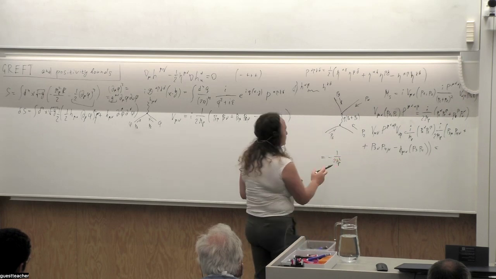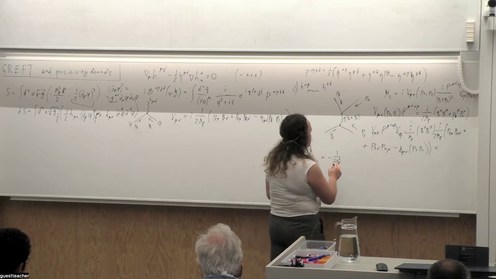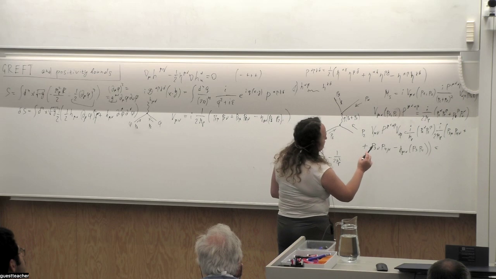I get this vertex is suppressed by power 2 of Planck mass.